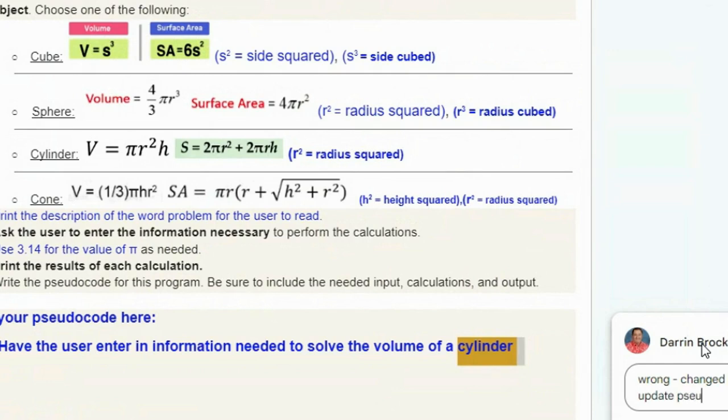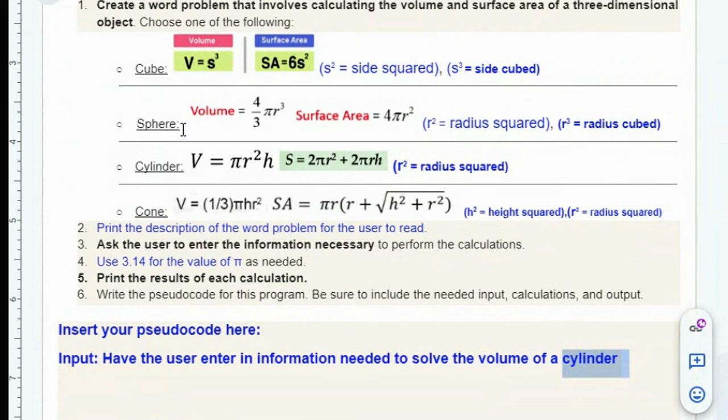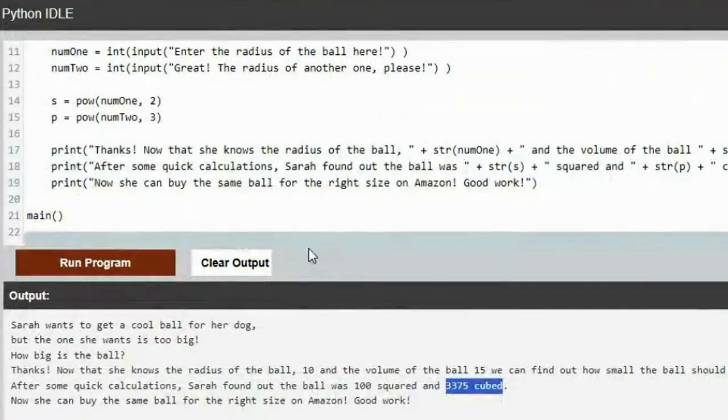I'm guessing you started out with a cylinder, and you didn't update your pseudocode when you changed that. So anyway, a sphere should be 4/3 times pi times the radius to the third power for the volume. And your program just calculates something to the third power and said that was the volume.